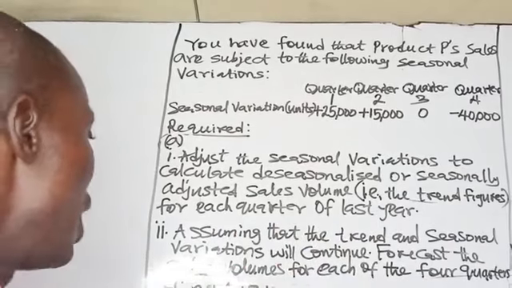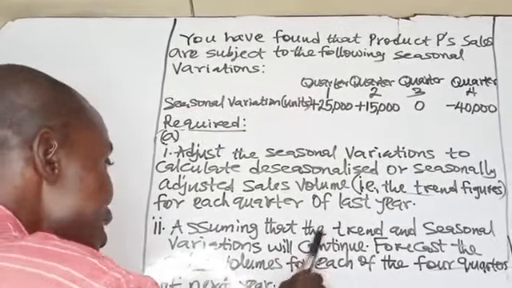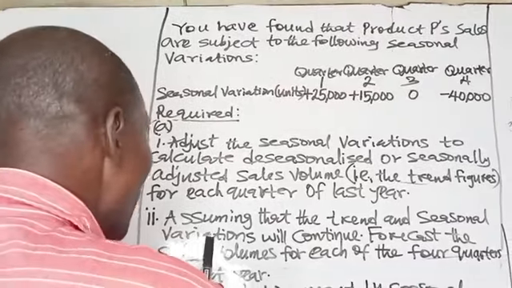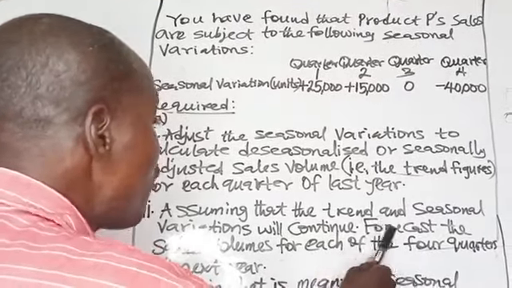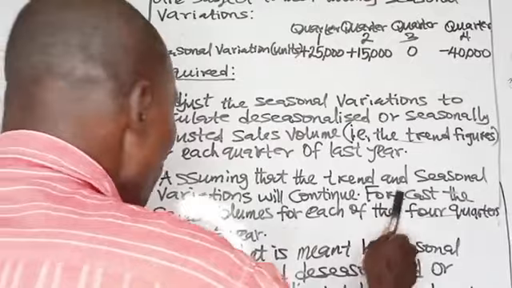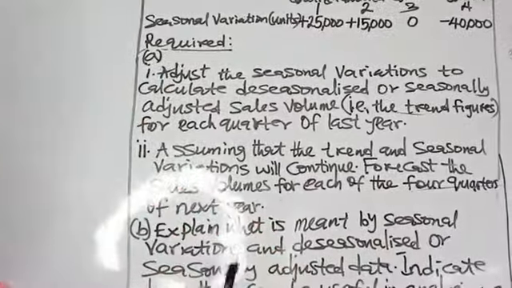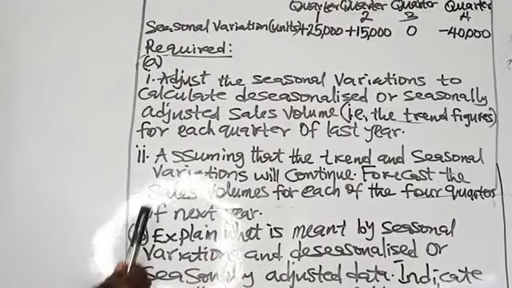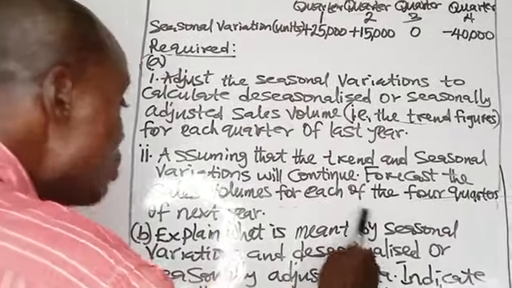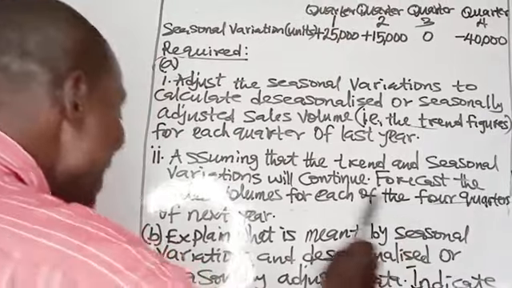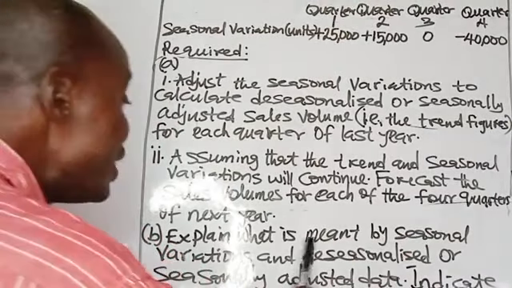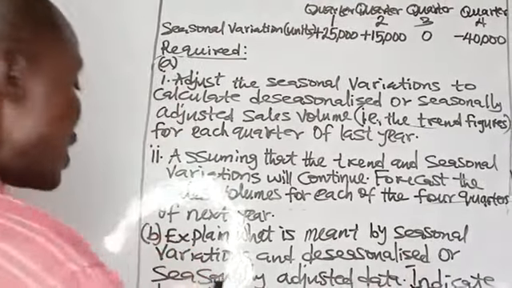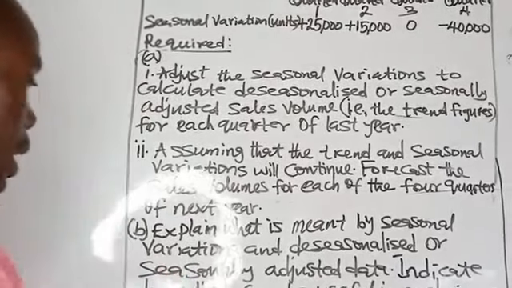2. Assuming that the trend and seasonal variations will continue, forecast the sales volumes for each of the 4 quarters of next year. B. Explain what is meant by seasonal variations and deseasonalized or seasonally adjusted data.